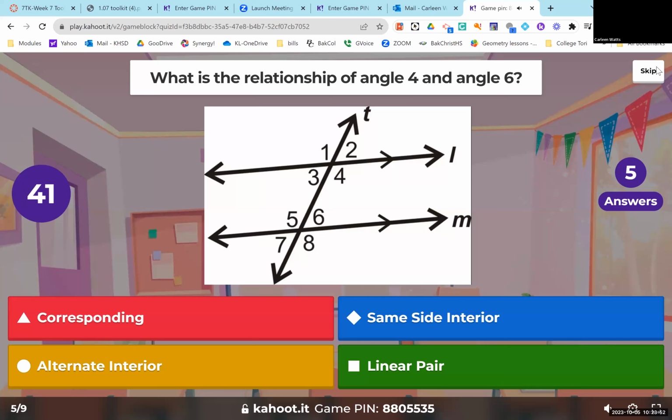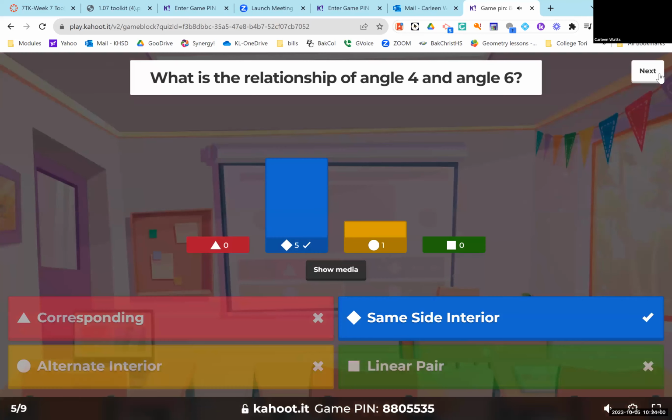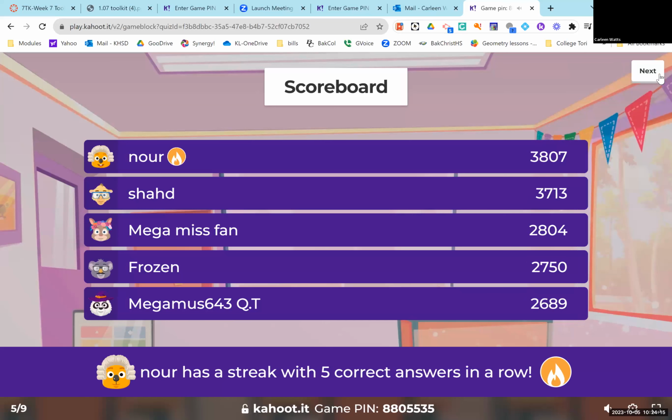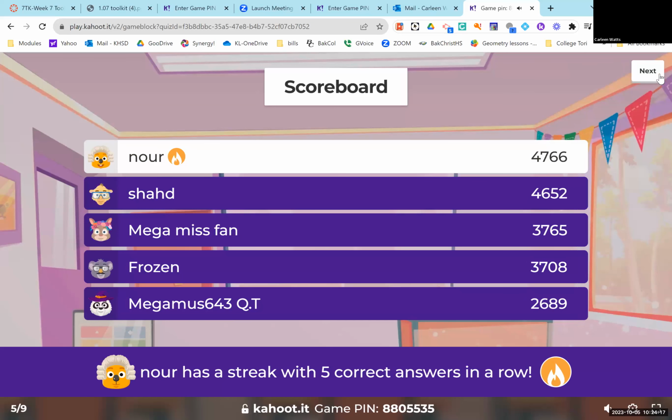There's only 4 of you. Sorry it's lagging. This is kind of dependent on the connection. Okay. One of you is guessing twice. You are so funny. Same side interior. Ding, ding, ding, ding. All right. That's really funny. Okay.